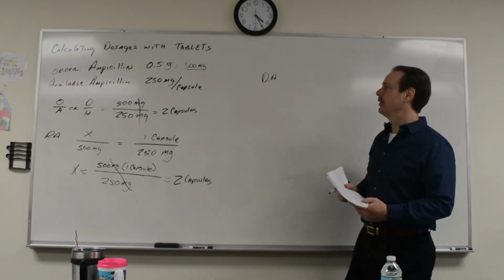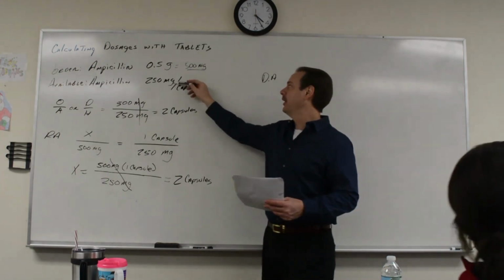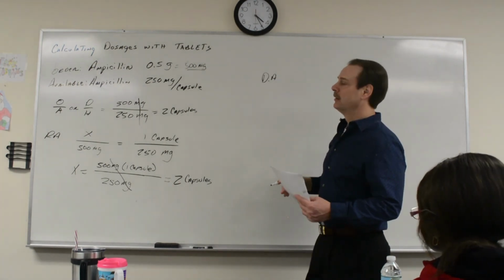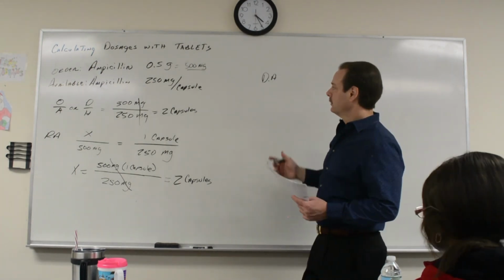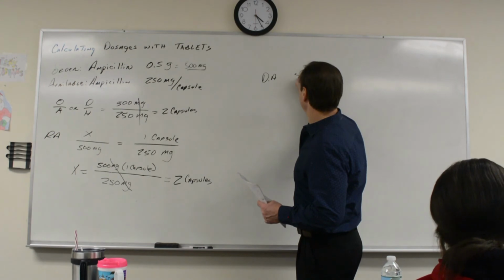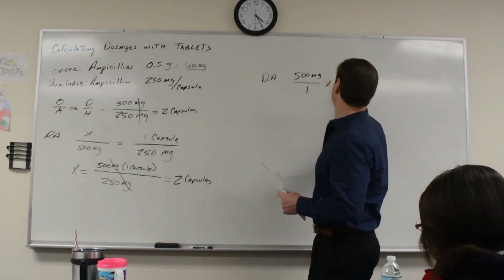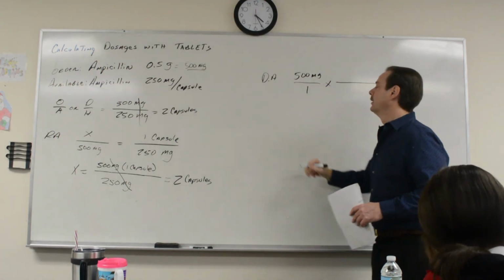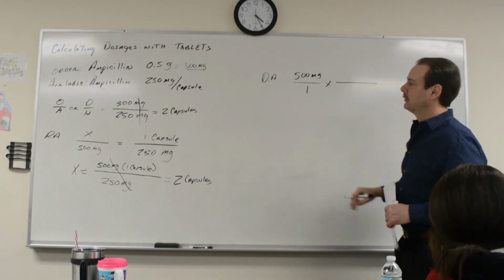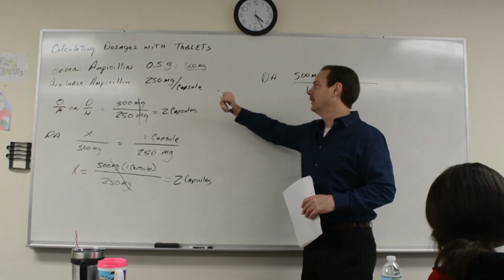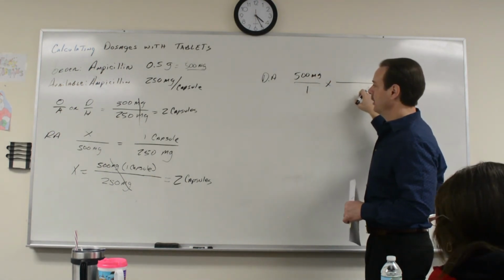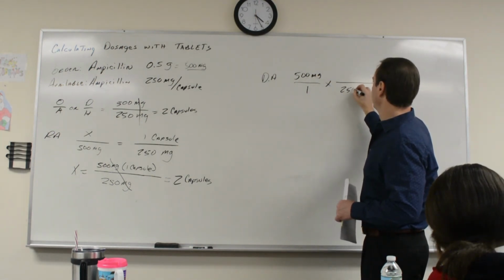All right, let's do this one with dimensional analysis. We could either start here or here. Where would you like to start? 500. All right, we're going to start with 500. Now we're going to put in what we have available. Since milligrams is here, we want the milligrams in the denominator.